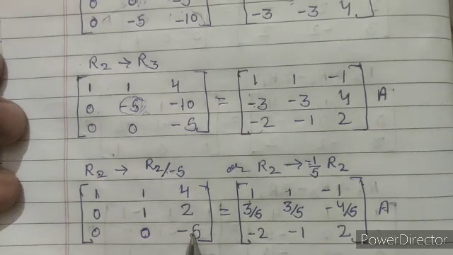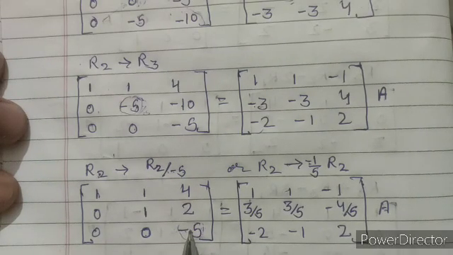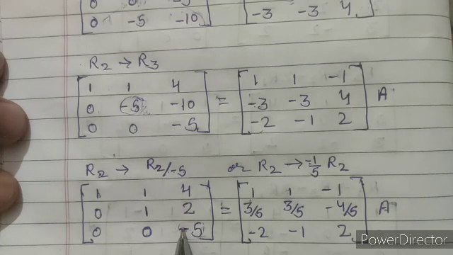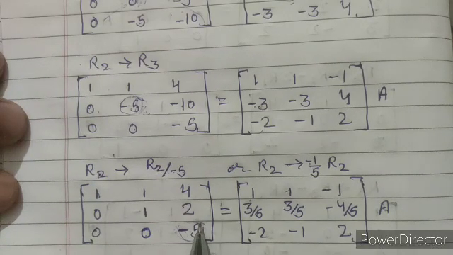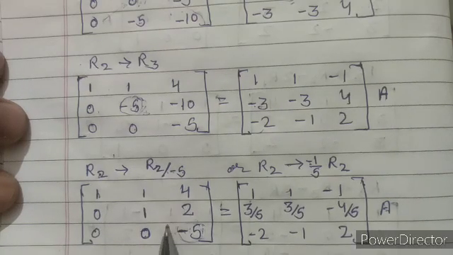Now we have to convert the third element of row 3 to 1. The last element of row 3 will be converted to 1 by dividing it by minus 5, as we cannot add or subtract it to row 1 or row 2.